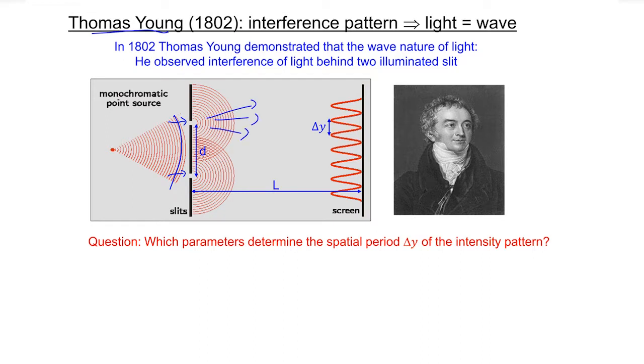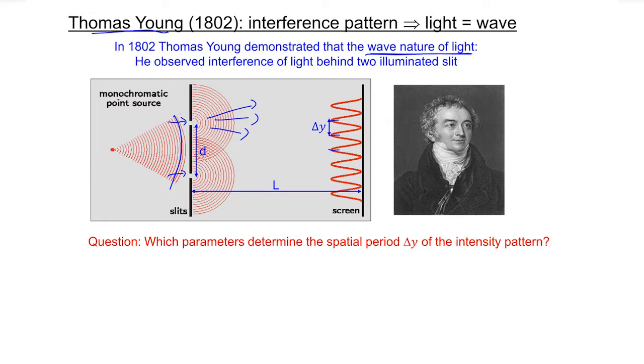If you do this properly, you can see oscillations in the intensity at the screen, interference fringes. And by that observation alone, he demonstrated that light is a wave and not a particle.